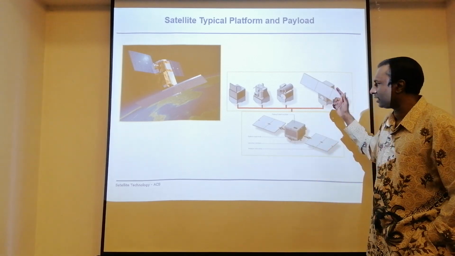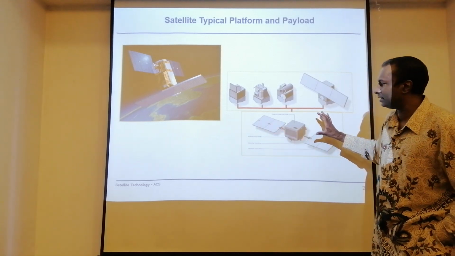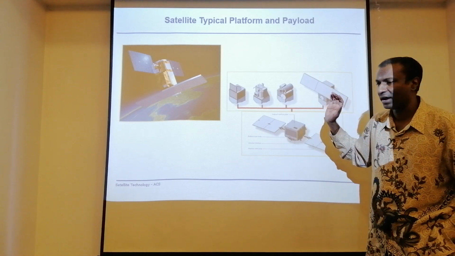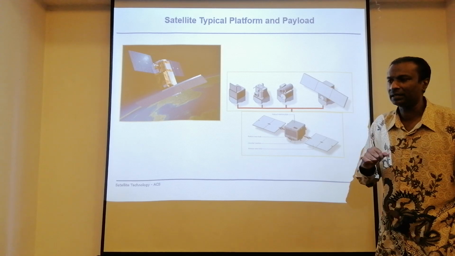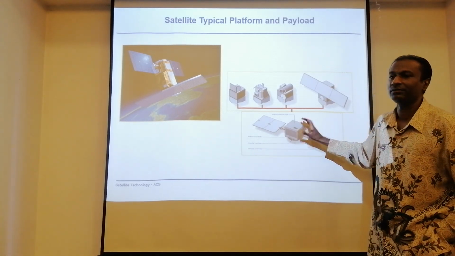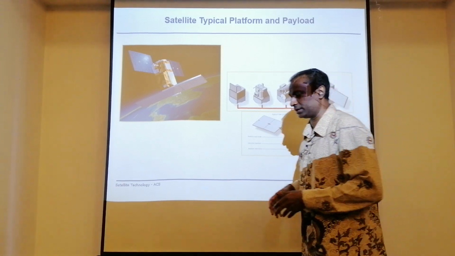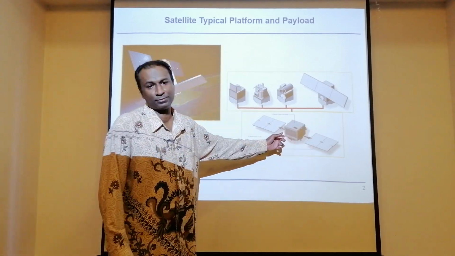But on the other hand, practically this is a platform, a satellite. It means that all those missions that you have in mind, let's say Earth observation or even a radar mission, we can embark those payloads onto a particular satellite, in fact, a satellite platform. So all the subsystems that we have been discussing throughout this semester are practically inside this platform.